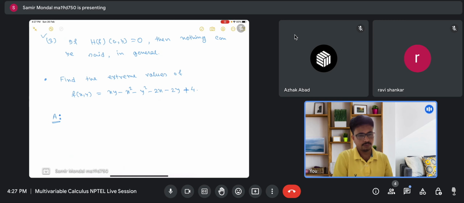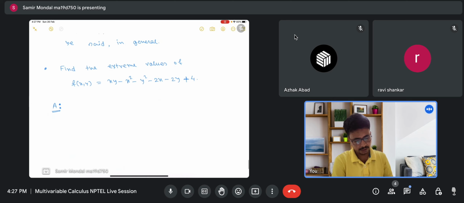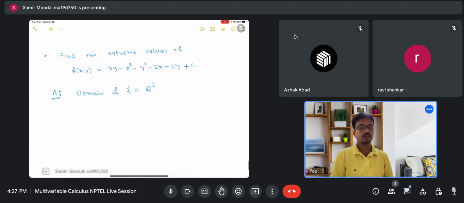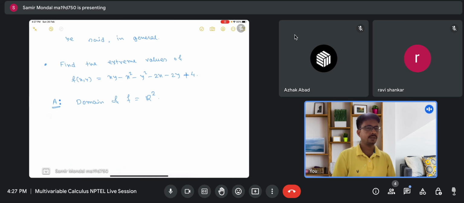Take the full R2, here I am not restricting anything. So the domain of f is your whole R2, and you have to find the points of extremum on R2 only. So you have to check whether the first and second order partial derivatives are continuous or not.